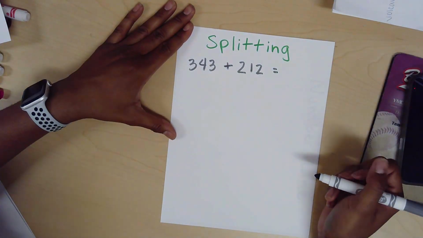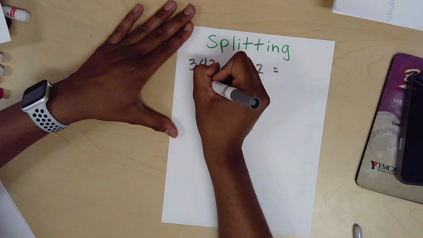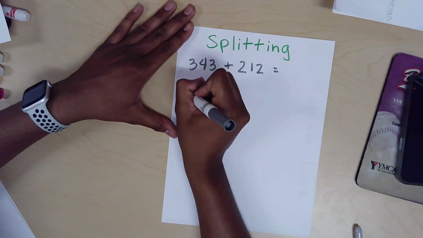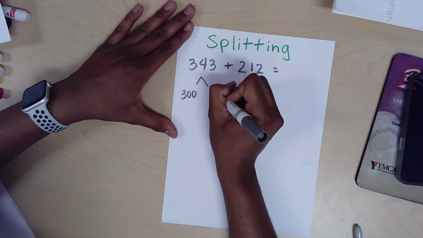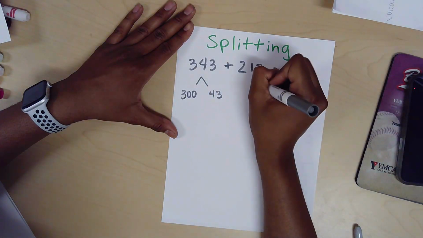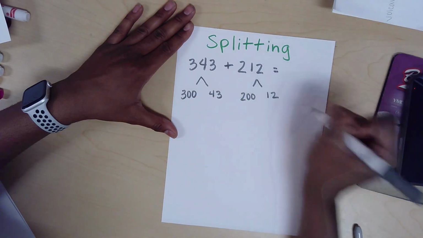And so some kiddos might see it as 343 and 212.